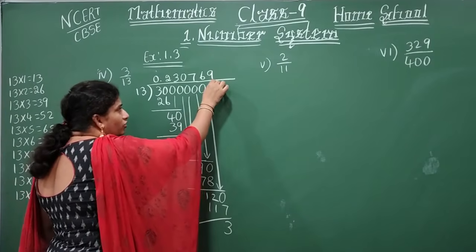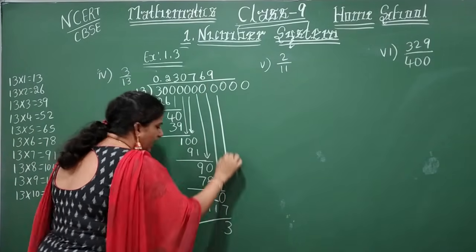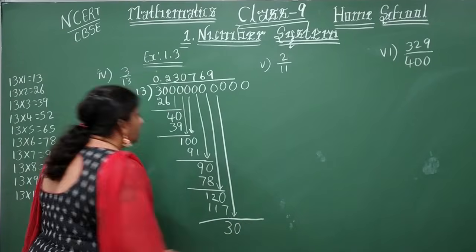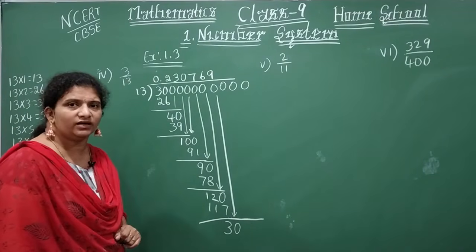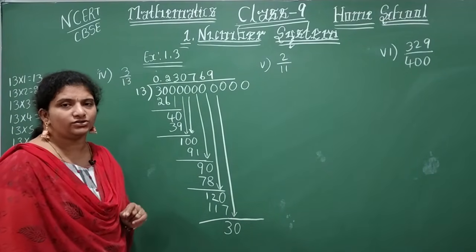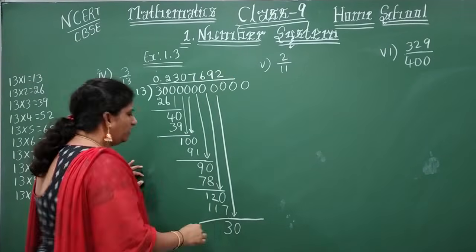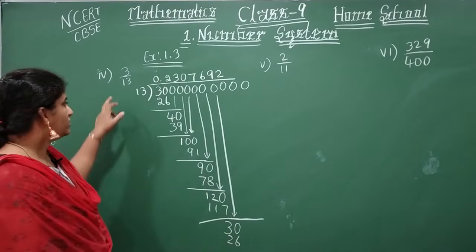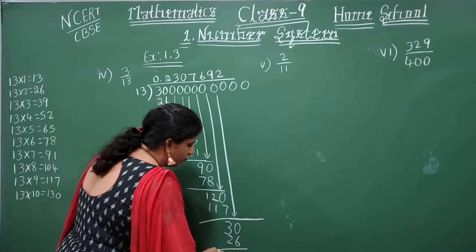Again what I need to do? Take some more zeros here. So drag 0 down. That will be 30. Look here, 13 table. Where you get 30 here? 13 2s are 26. Okay, so 30 minus 26 is how much? 4.